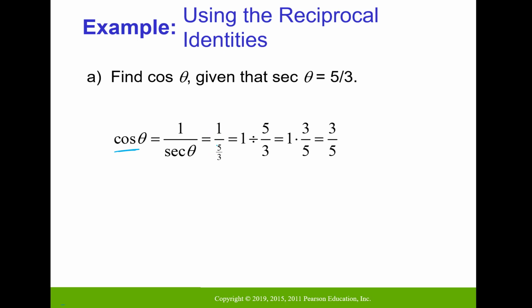If we know the secant value, we just say 1 over that value, and then it's a fraction inside of a fraction, so we flip and multiply by the reciprocal, so we say 1 times 3/5, and so cosine, knowing what secant was, we can easily find that value.